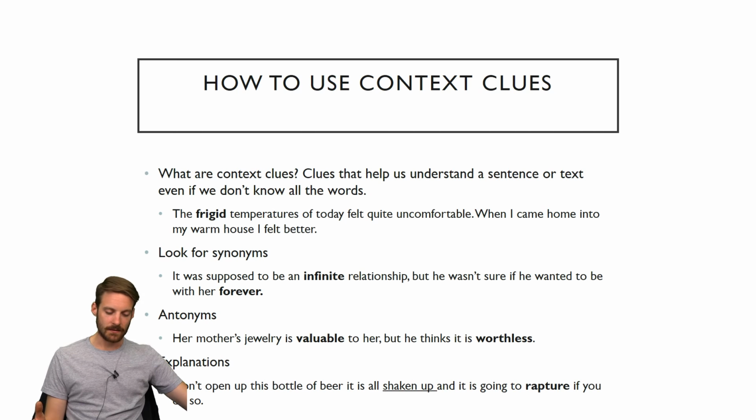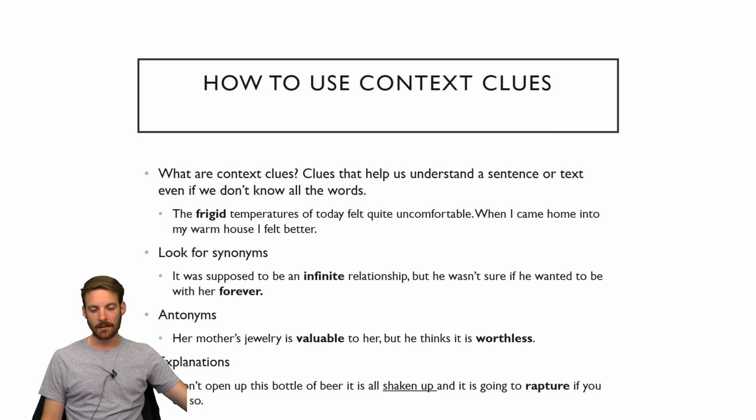The sentence tells you that somebody should not open this bottle of beer because it's all shaken up. The result of this is that the beer or the liquid in the bottle is going to rupture if you do so.